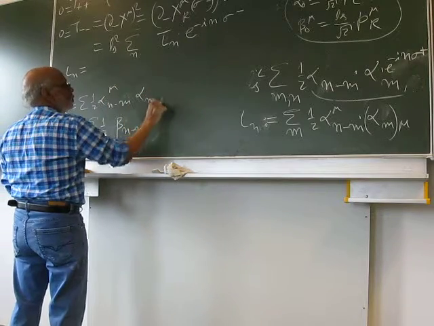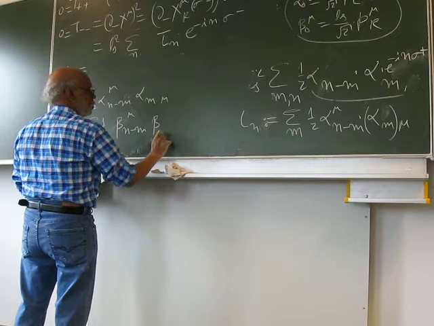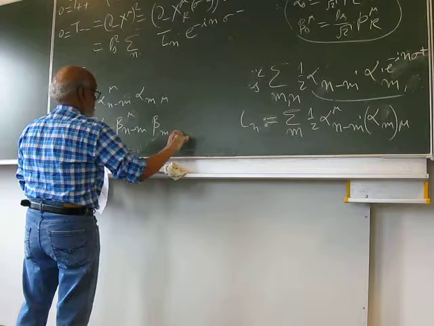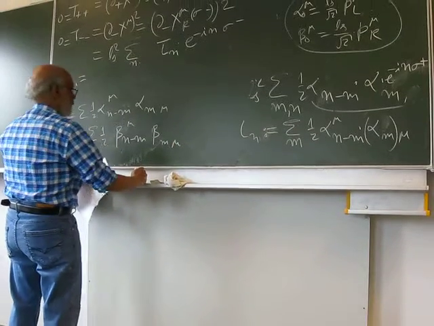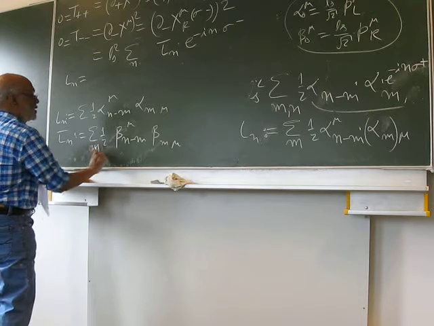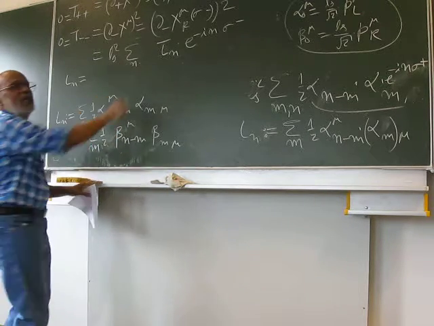This is mu, this is mu, this is mu, and beta m and mu. Okay, and so here you write summation over m, and here you write summation over m.